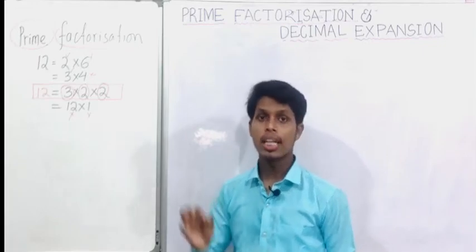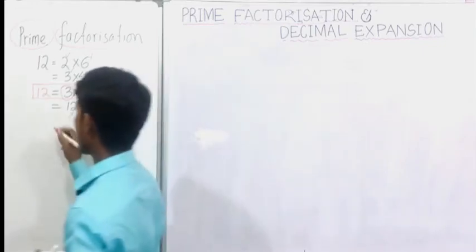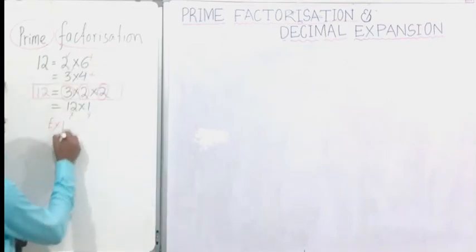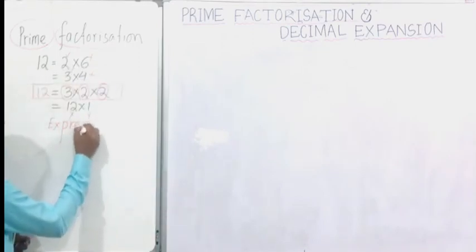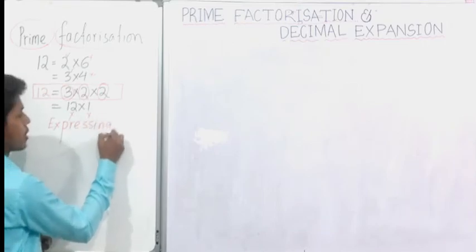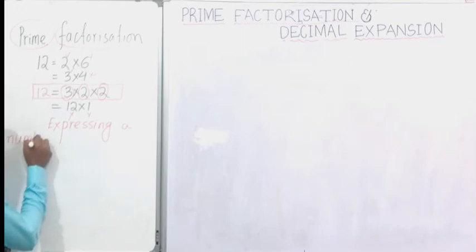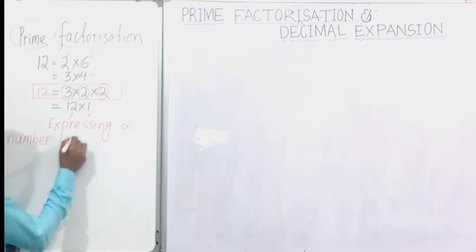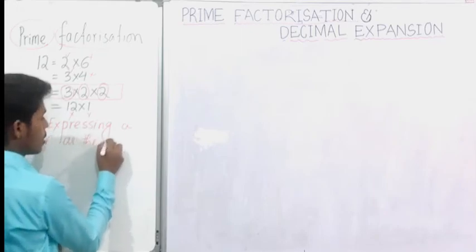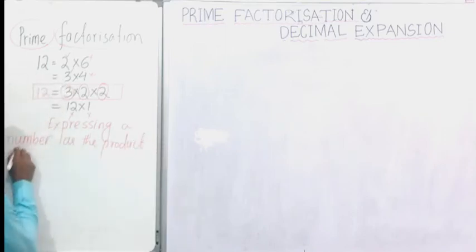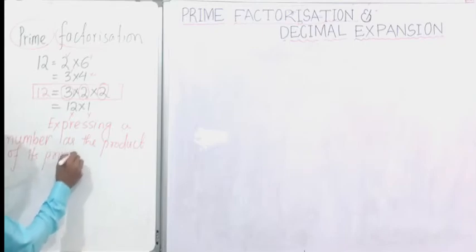Prime factorization is expressing a number as the product of its prime factors.